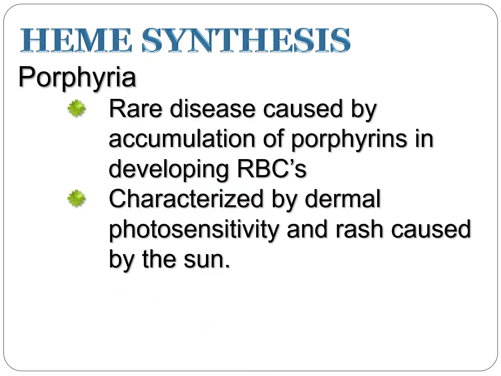Porphyria is a rare disease caused by accumulation of porphyrins in the developing red blood cells. Okay, so there will be also an impaired production of the protoporphyrin. Clinical findings for patient having this would be, ano kayang meron dito? Meron pong neurological complication, meron pong impaired production of heme.